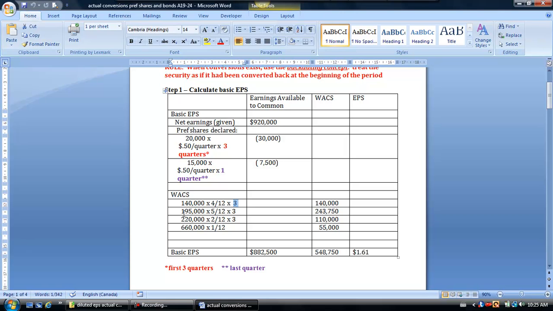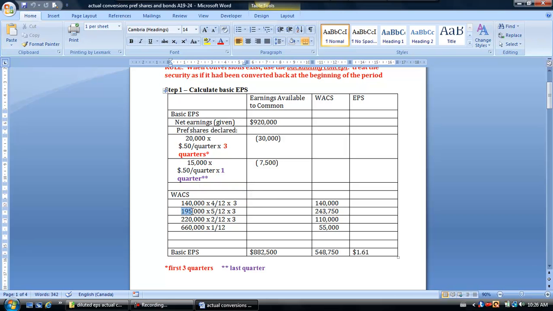Now, similarly, the 55,000 new shares as a result of converting the bond to shares are outstanding for 5 months. How do I know that? Because on September the 30th there was a preferred share conversion into common. So from May 1st all the way to September 30th, I had 195,000 shares outstanding, which include the 55,000 from the conversion of the bond.